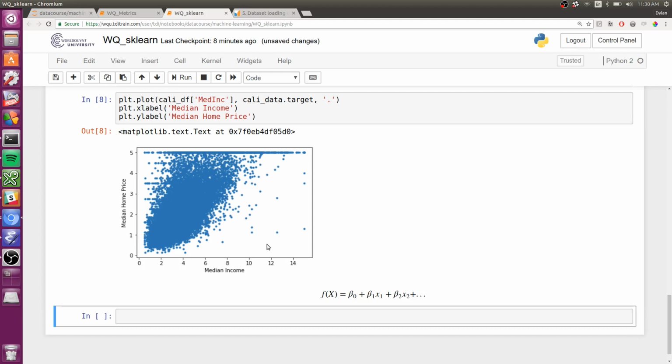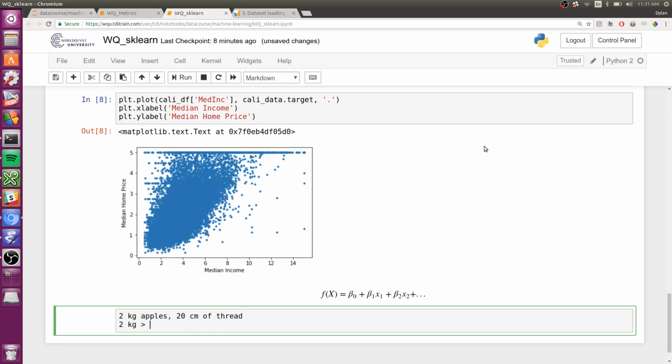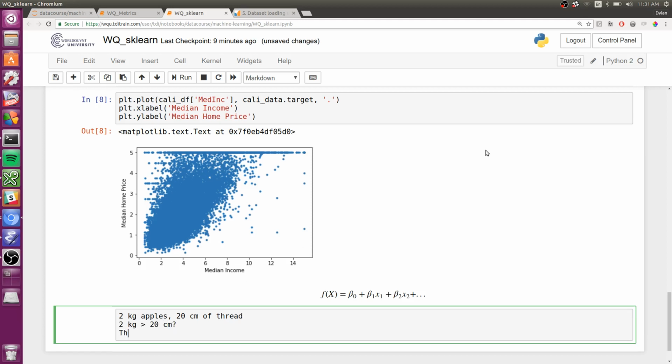I can't say, if I have 2 kilograms of apples and I have 20 centimeters of thread, which do I have more of? Well, then I'm asking, is 2 kilograms greater than 20 centimeters? But that's not a sensible question.